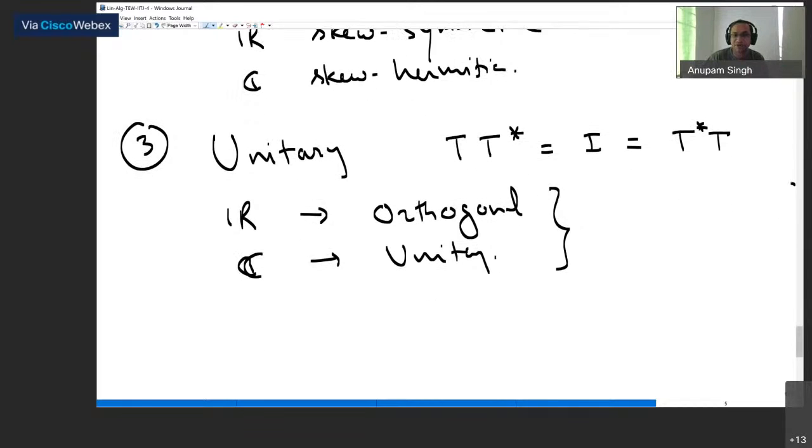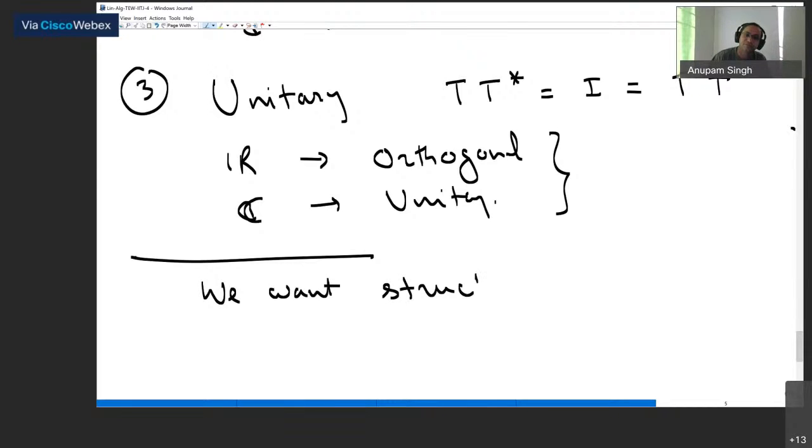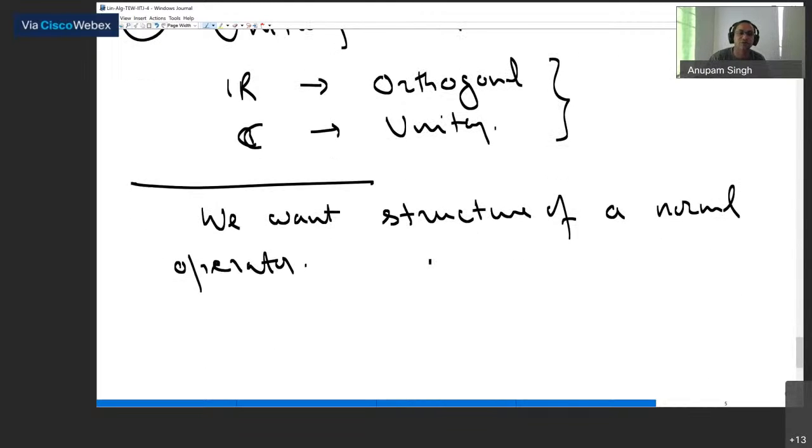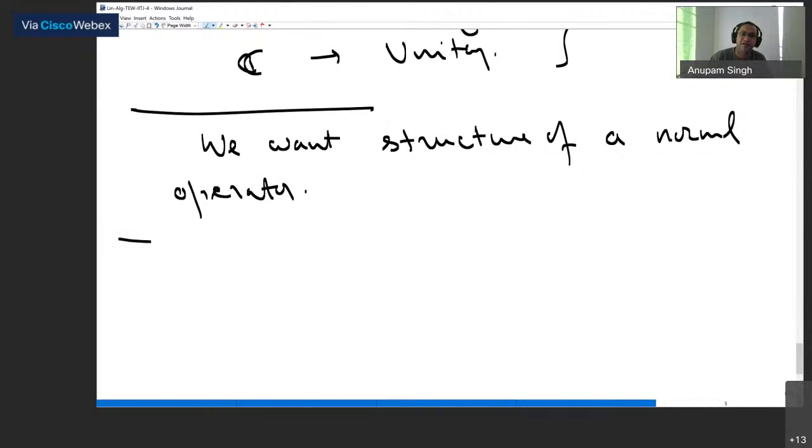So what we are going to do is understand the structure of a normal operator. If you understand the structure of a normal operator, we can conclude things also about these three kinds of operators. So let's aim to understand normal operators.